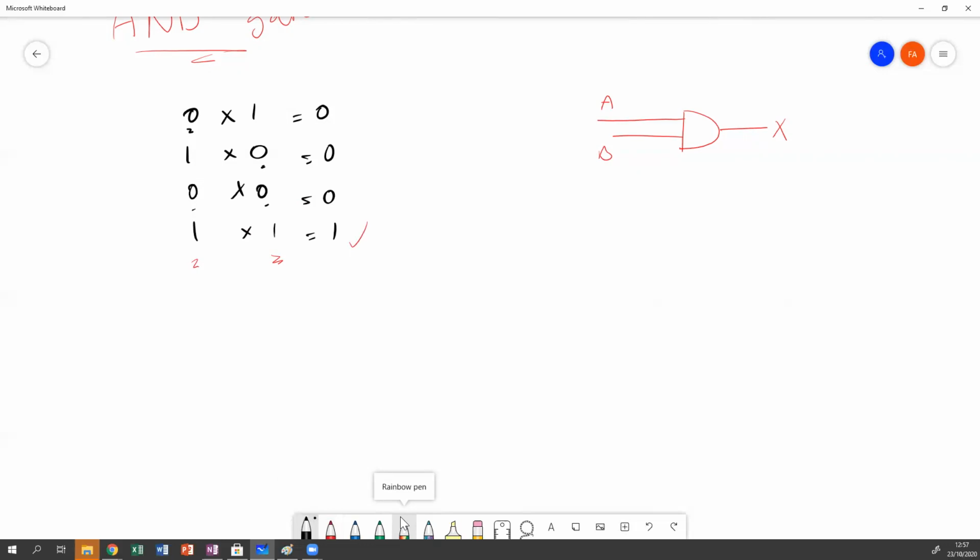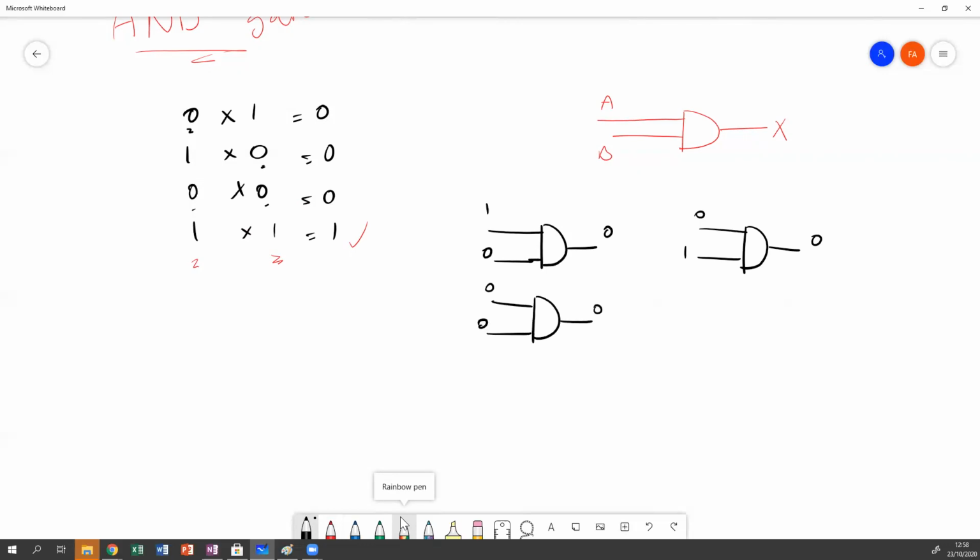If A is 1 and B is 0, the output is 0. If A is 0 and B is 1, the output is 0. If A is 0 and B is 0, the output is 0. And if A is 1 and B is 1, the output is 1.